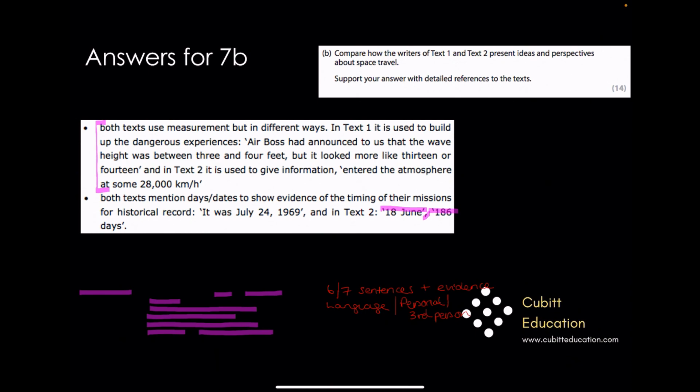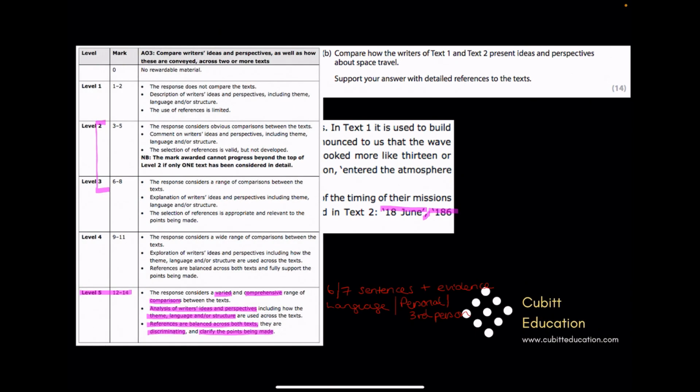Okay, so you have done all of these things if you have written 6 to 7 sentences and used evidence from the text and tried to take a range of different types of differences. Differences that could involve language, differences that could involve structure, the way it's written, the times given, and differences that involve the theme.